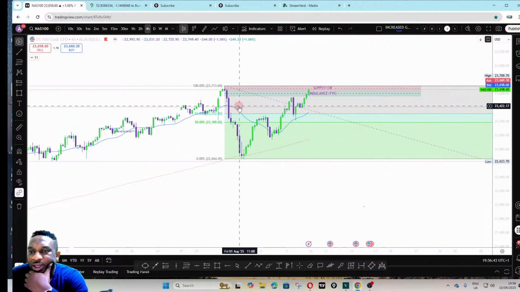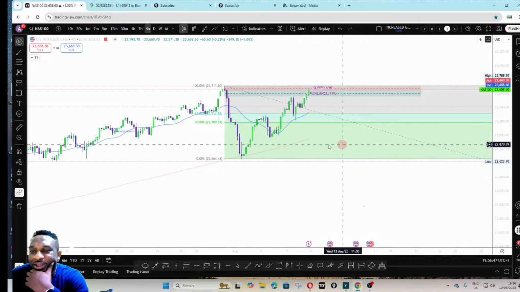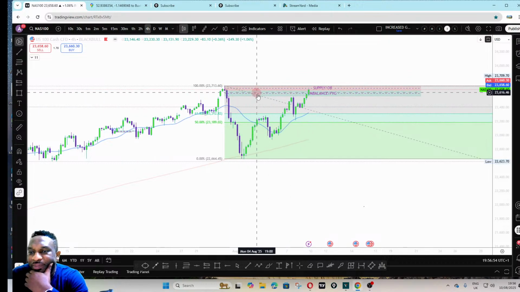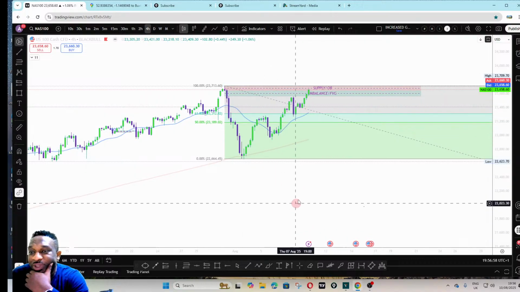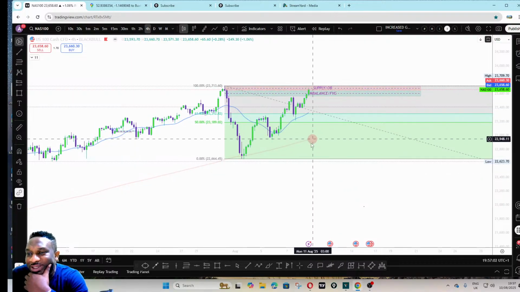Even if we want to engage in any buying opportunity, above this 50% area is all premium area, below is discount. So any buying opportunity that we want to engage in, we want price to come to the discounted area, which is the green zone here.